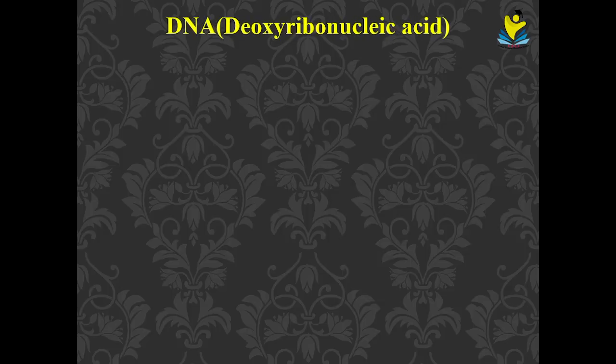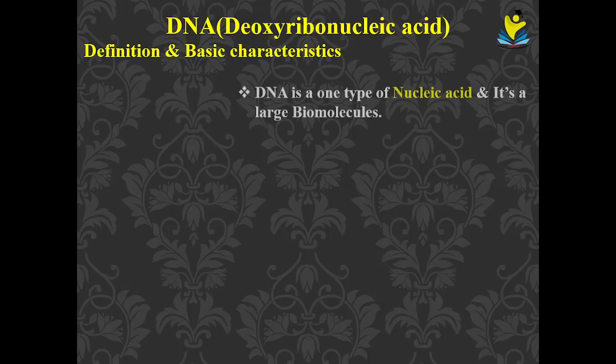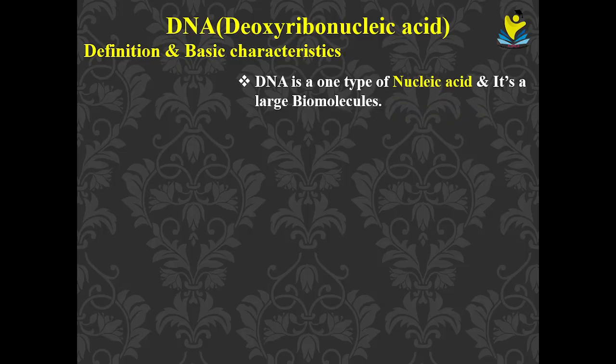Okay, now we start today's discussion. First, we discuss DNA, or deoxyribonucleic acid. First, we see the definition and basic characteristics of DNA. DNA is one type of nucleic acid and it is a large biomolecule.